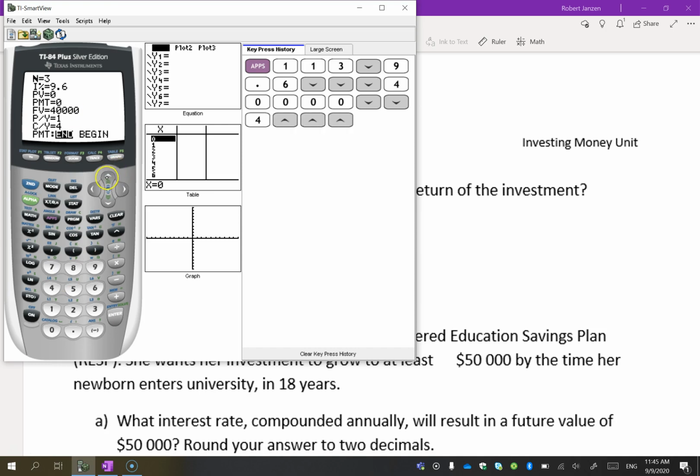Okay, so I went here and I'd go alpha, enter. So there's my answer. And what we want to do now is figure out how much interest was collected during that time.